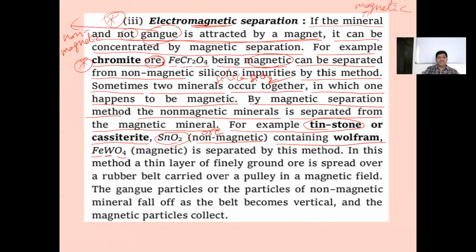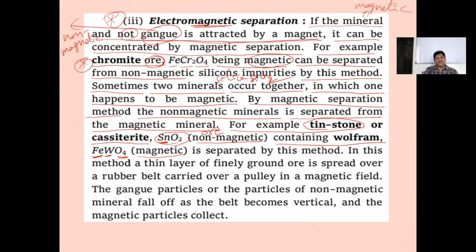W is tungsten; wolfram is the Latin name. So this wolfram is the magnetic impurity. FeWO4 is an ore of iron, and SnO2 is an ore of tin, the oxide ore of tin and the oxide ore of iron. These two will be separated from each other.